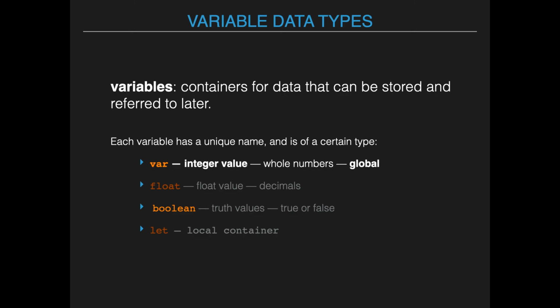The second big component of code to understand is variables. You could basically remember them as a container, like a glass holds water, right? How much water, percentage-wise? Well, it depends on how much is in there. We could dump some out, we could pour some more in. So that container can hold a value, and we can assign whatever value we want to that container.